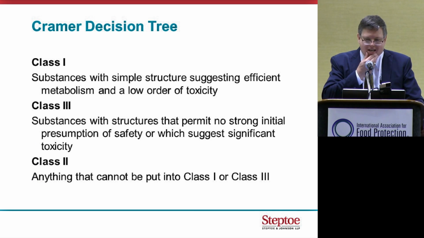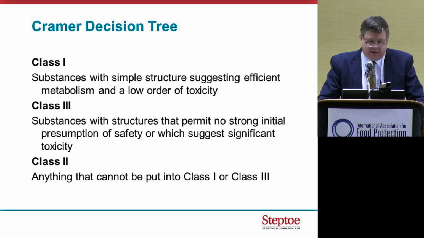And the decision tree is a collection of over 30 questions about chemical structure and reactivity. And they divide chemicals into 3 reasonably well-defined classes, with class 1 being substances of least concern because of expected efficient metabolism or a low estimate of toxicity.